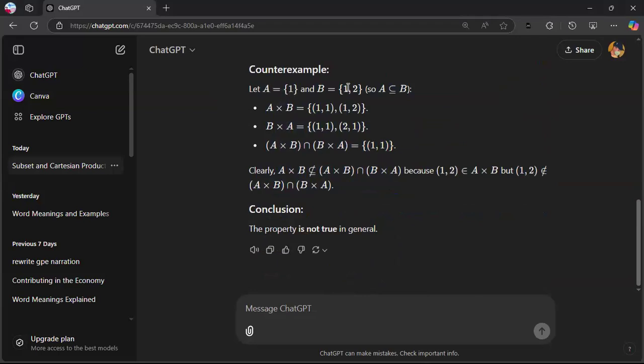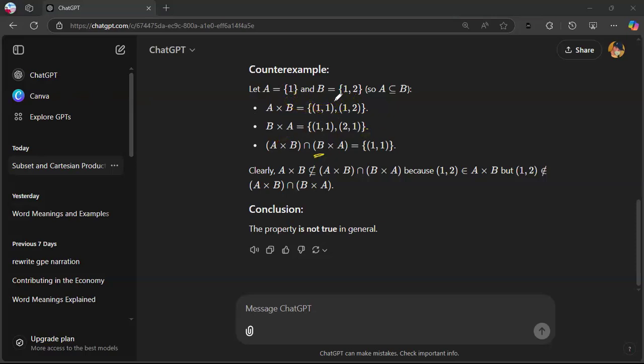They have taken A as {1}, B as {1, 2}. So here A is the subset of B. The Cartesian product A cross B is (1, 1), (1, 2). And for B cross A, (1, 1), (2, 1).